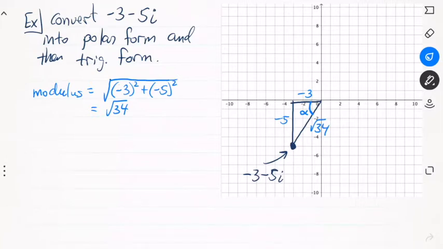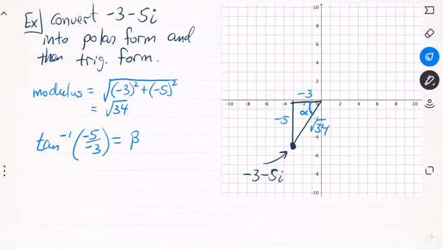Then we're going to look for the angle. Now, the angle we're going to look for is not alpha, but we're going to treat it as tangent inverse of opposite over adjacent. And let's just call this thing beta. I'm calling it beta for a specific reason.